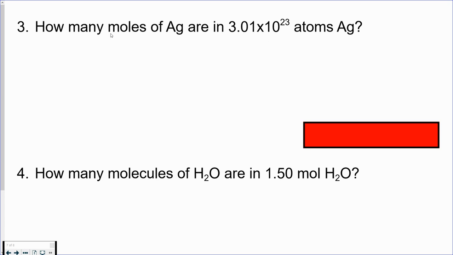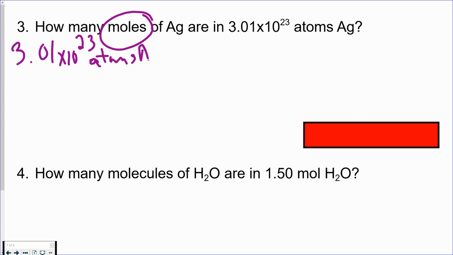This one again says mole, so it's 1 step, but it gives you the atoms of silver. So we need to start out with that over 1. Now we're going to multiply it, and we need to get to mole. So we can go directly to mole.